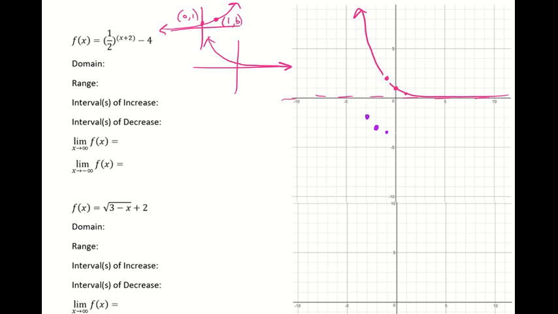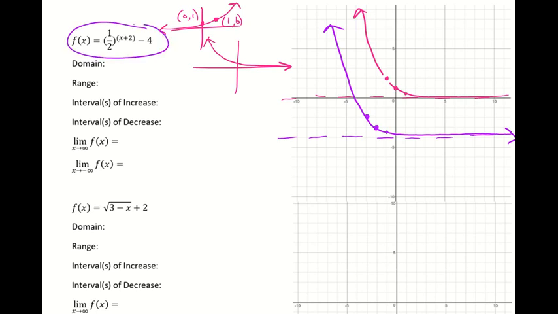And then just move that asymptote from y equals 0 to y equals negative 4. We know it's close to the asymptote, intersects these points, and then continues like that. So our purple one is this graph.